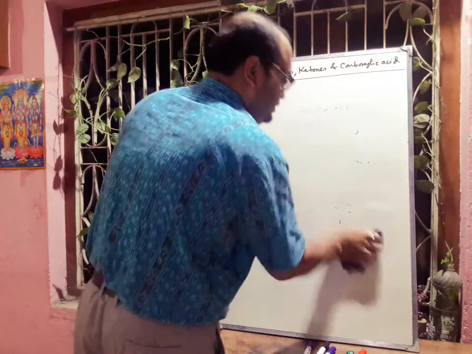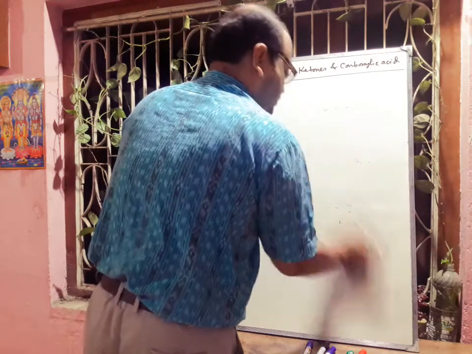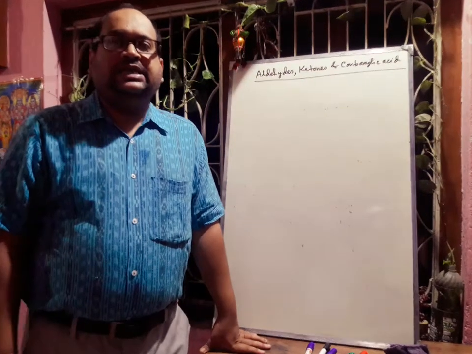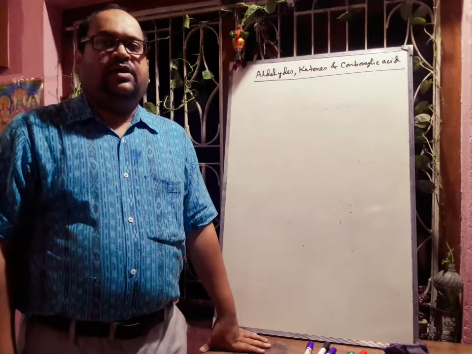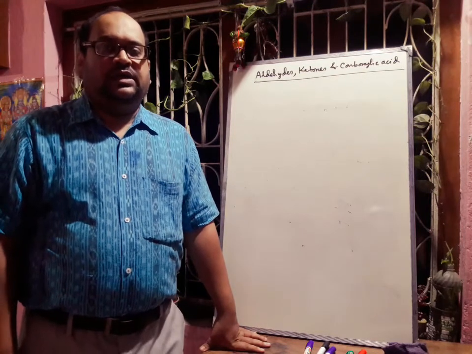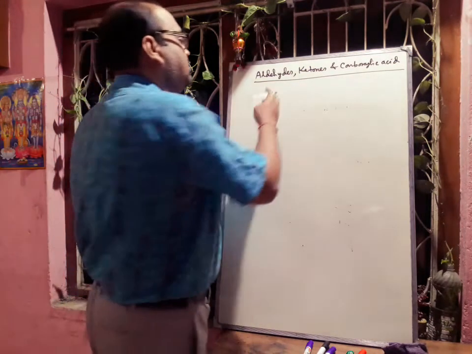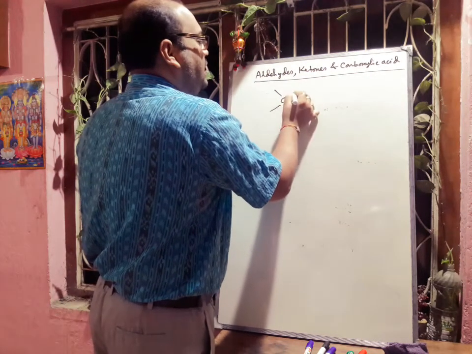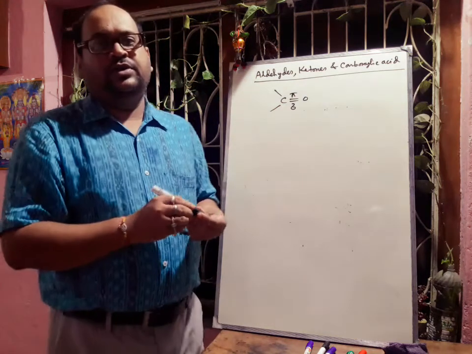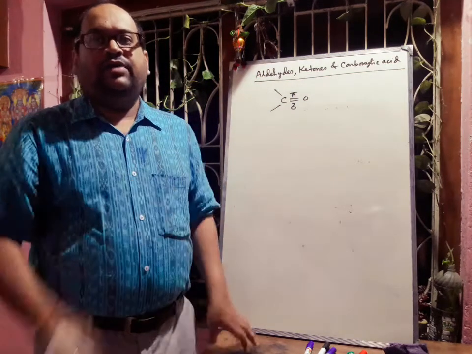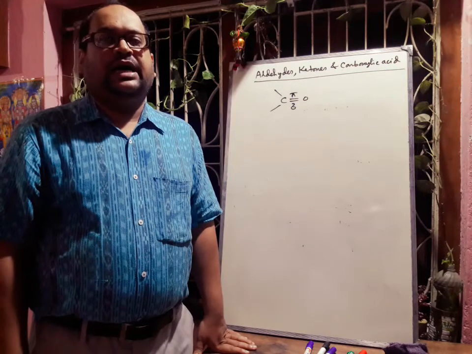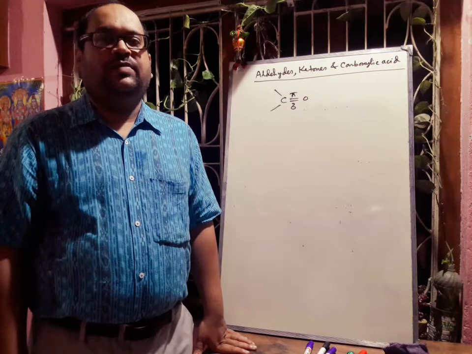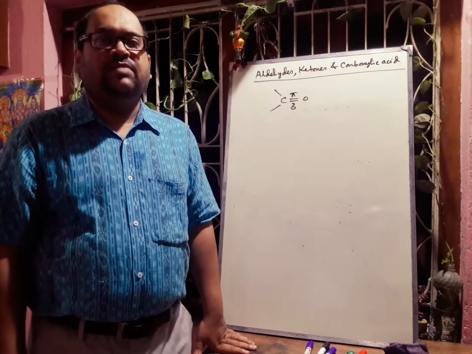Next we will discuss the structure and nature of the carbonyl group. Actually, in this carbon-oxygen double bond, one is a sigma bond and the other is a pi bond. According to the molecular orbital theory, the carbonyl carbon is sp2 hybridized and the 3 sp2 hybrid orbitals are used in making 3 sigma bonds.